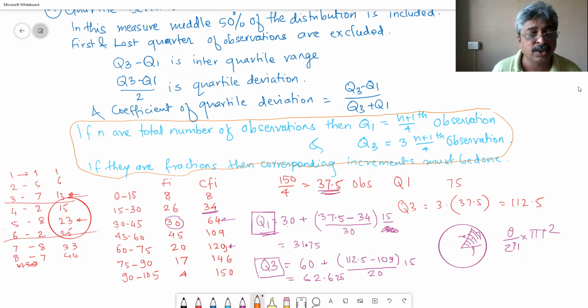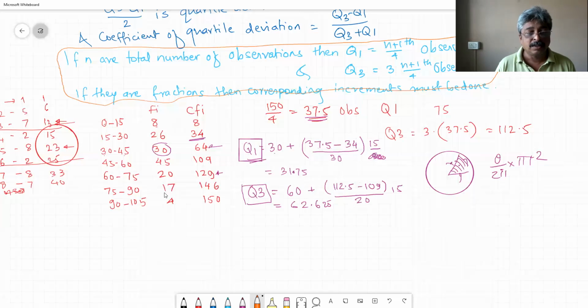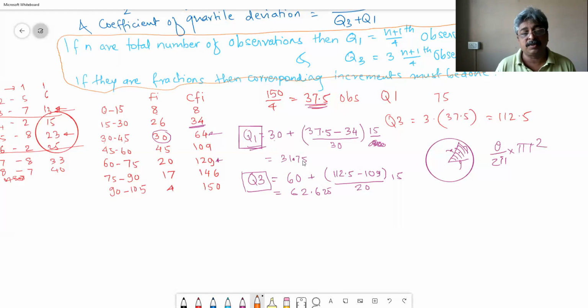You are supposed to ignore the first quarter and the last quarter. So concentrate on the middle two quarters. That is what we have found now. Q1 is 31.75, Q3 is 62.625. Therefore, quartile deviation is.